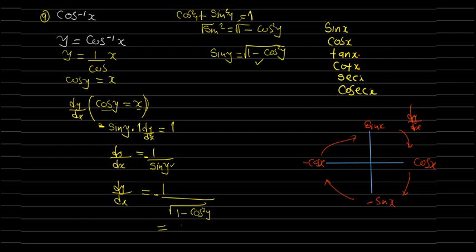We had cos y equals x, so wherever there is cos y, I'll put x. So that will be negative 1 over root of 1 minus x squared. So that also marks the end. That's how you can differentiate cos inverse.